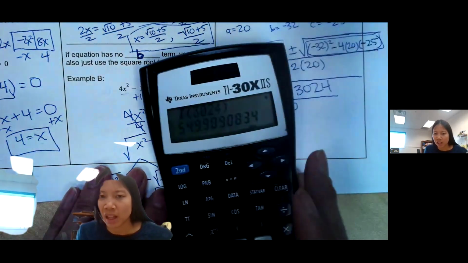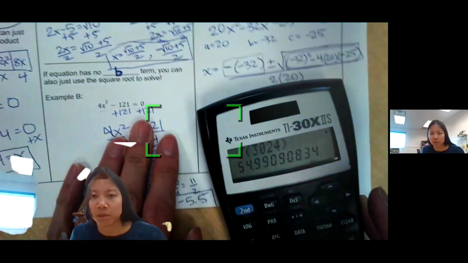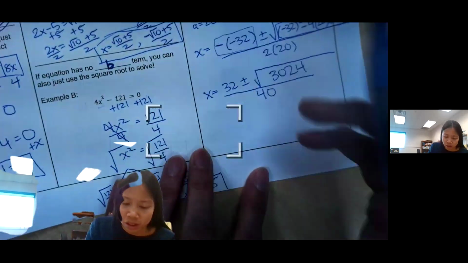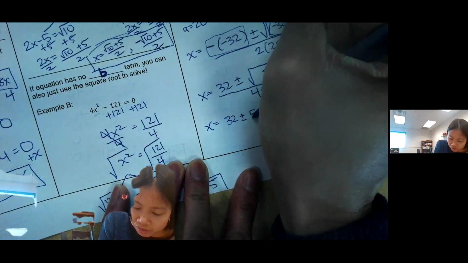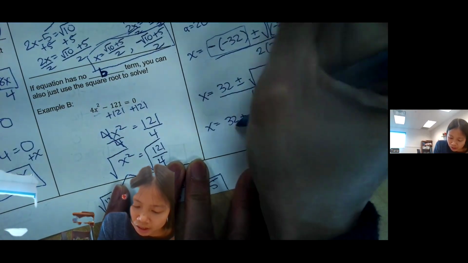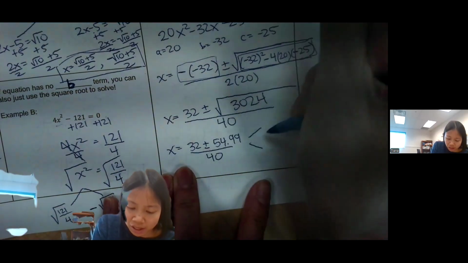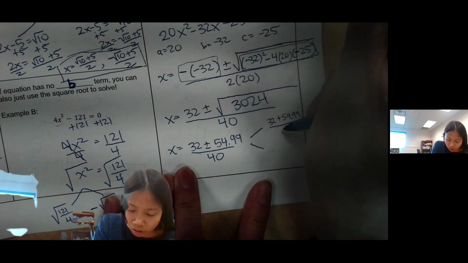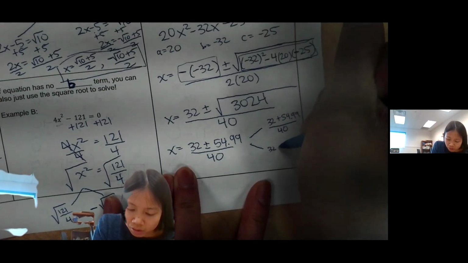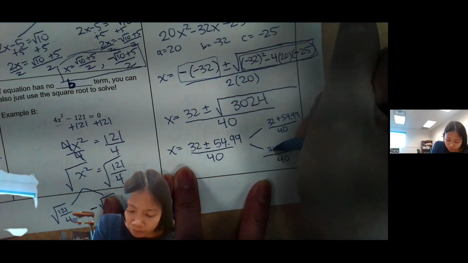Since I left the last one in exact form, I'll try the approximate answer here. So I have x equals 32 plus or minus 54.99 over 40. And again, this splits into two different answers. I could have 32 plus 54.99 all over 40, or I could have 32 minus 54.99 all over 40.